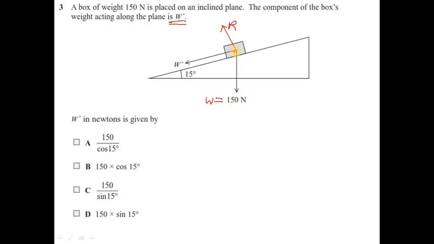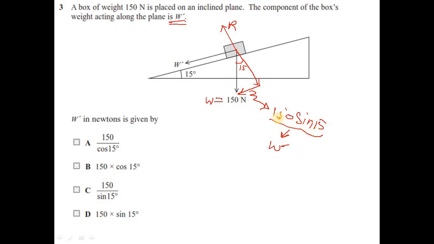And you can resolve W into its components. So you see that this is the perpendicular component, this one is the parallel component. If this angle is 15, then in this triangle, this angle must be 15. So this is 150 sine 15, and in fact this is your W dash.